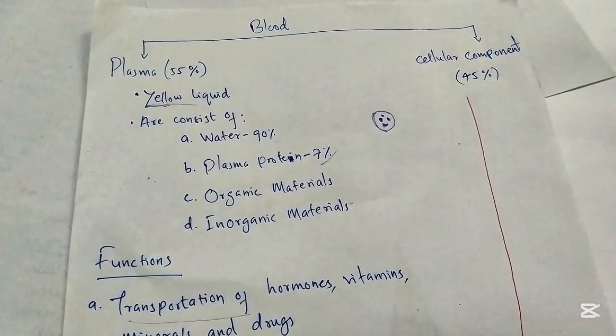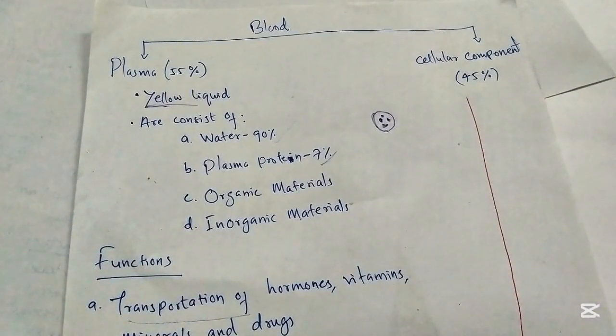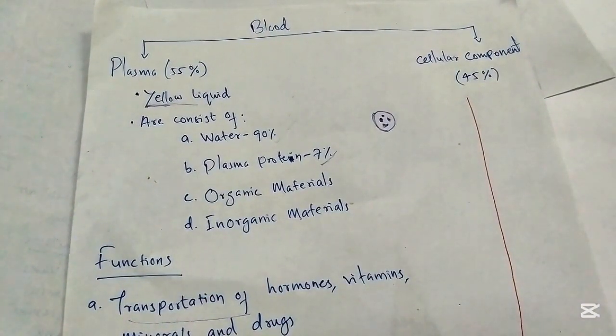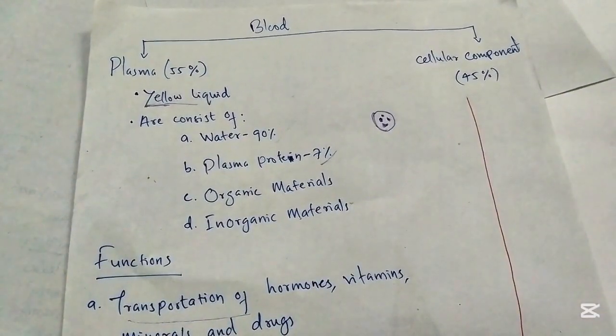So let us summarize the lesson briefly. We have studied about blood, and the blood is composed of plasma and cellular components. 55% plasma and 45% cellular components. The plasma is a yellow liquid part of the blood, and the plasma consists of water, plasma protein, organic materials and inorganic materials.